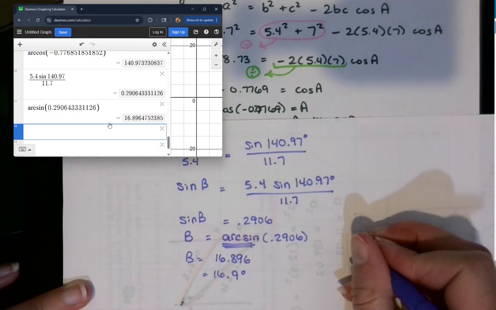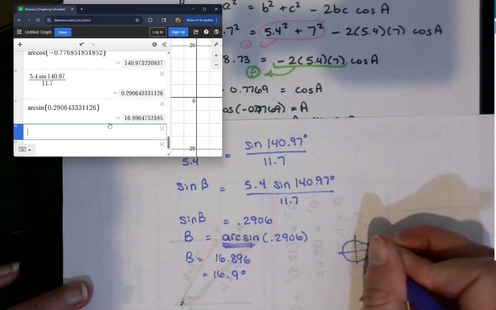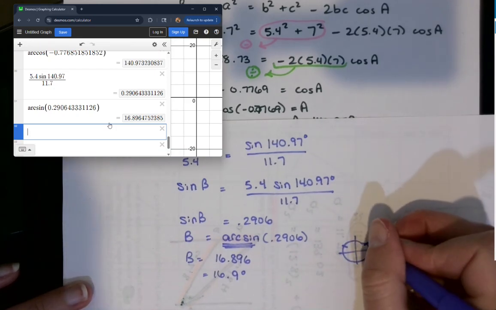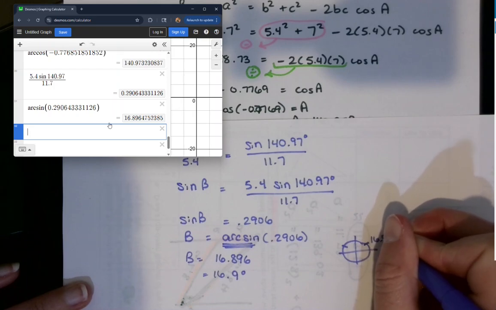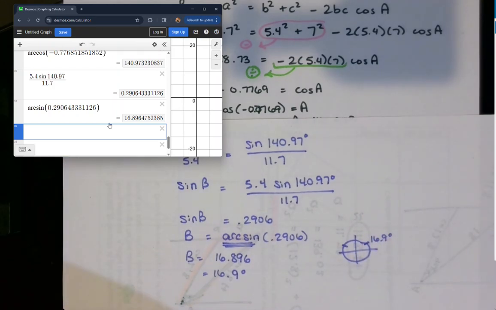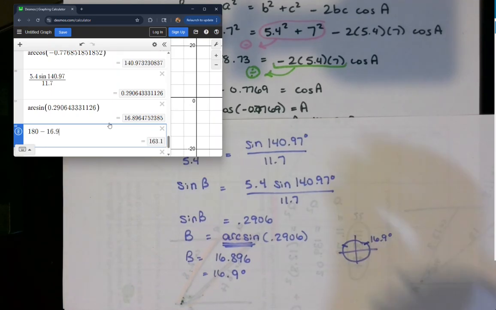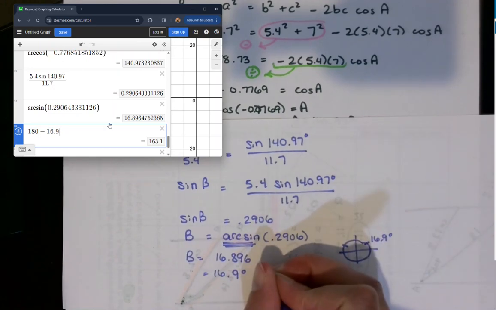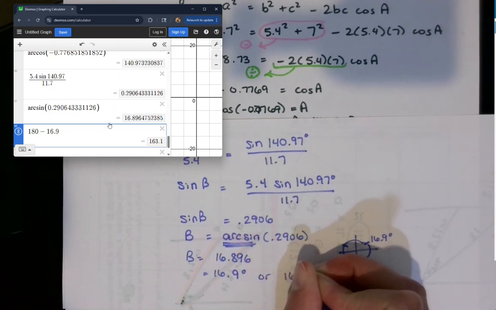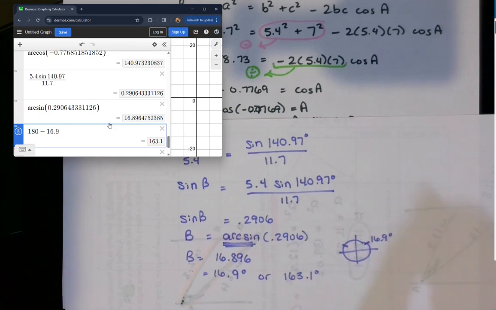Anytime I use arc sine, I've got to consider both values. So if one of these is 16.9 degrees, the other possible answer would be 180 minus 16.9, and that would be an angle of 163.1 degrees.